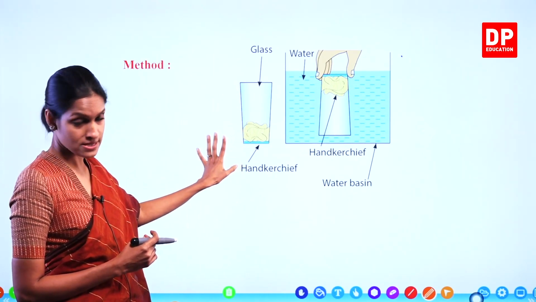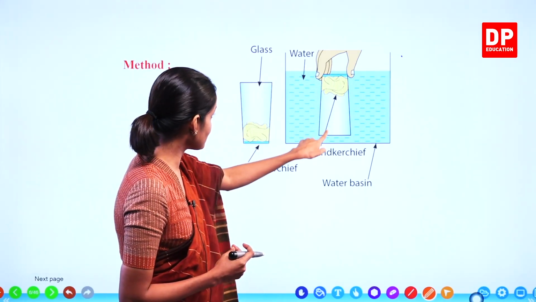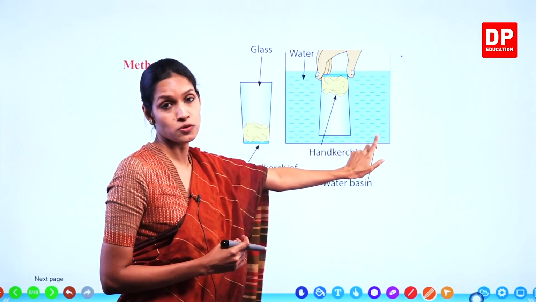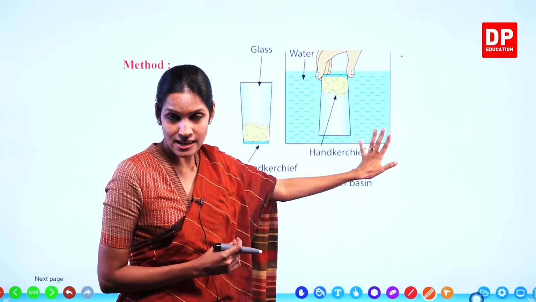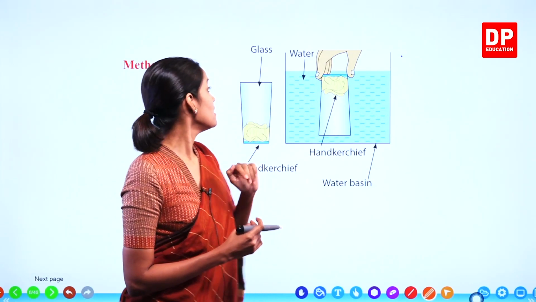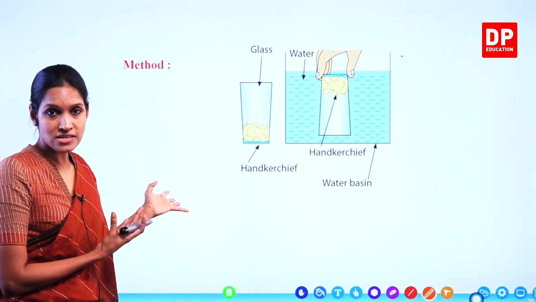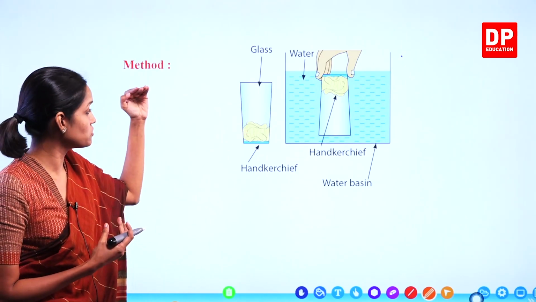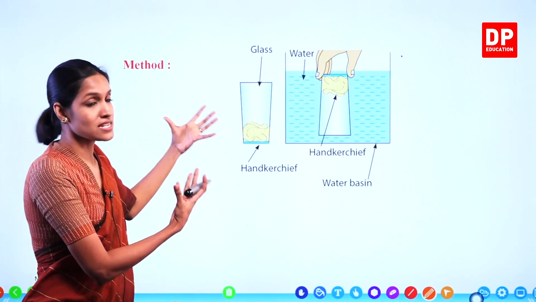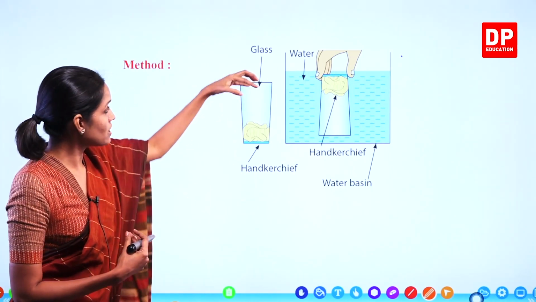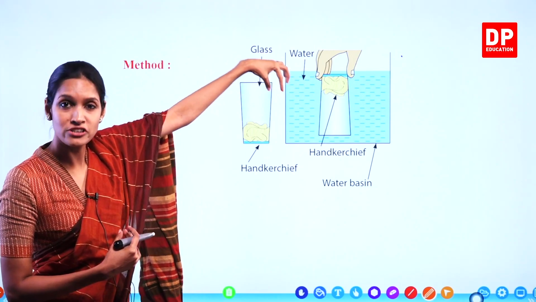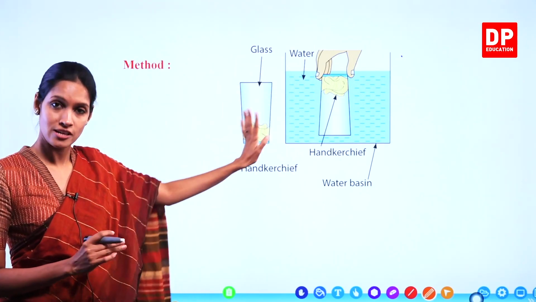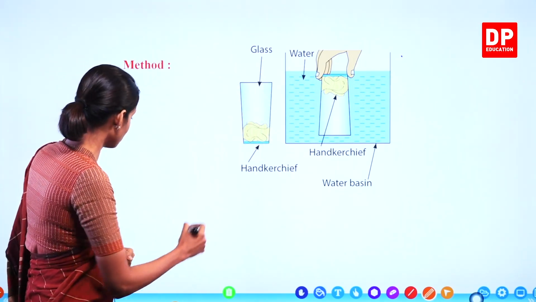Here the handkerchief is labeled, and here also handkerchief and water basin. Understand? So this is very easy. Only one step we have to write here. I'm going to write, we have to set the apparatus. So we have to make the setup like this, and we have to immerse the glass vertically upside down. Understand? We will write that.